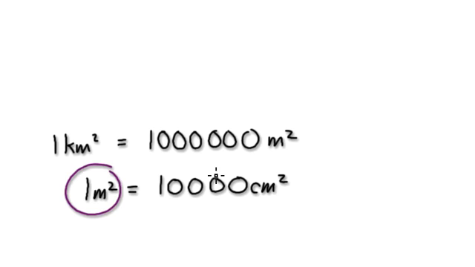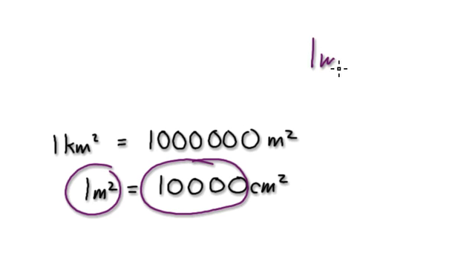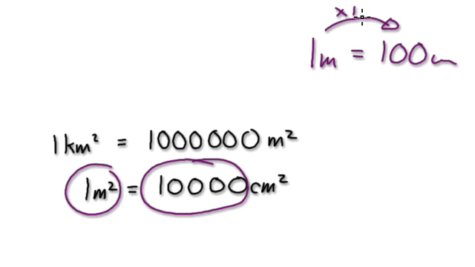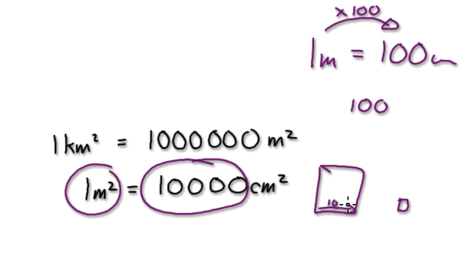1 meter is this many centimeters squared. So what that means is, well, 1 meter is 100 centimeters. But when you're looking at an area, don't forget, this has increased by 100, and then it also increased this way by 100.